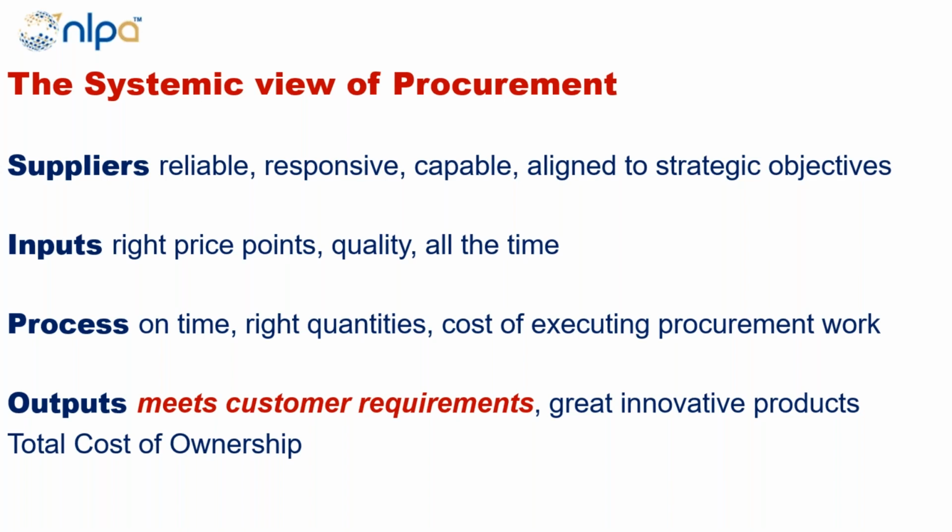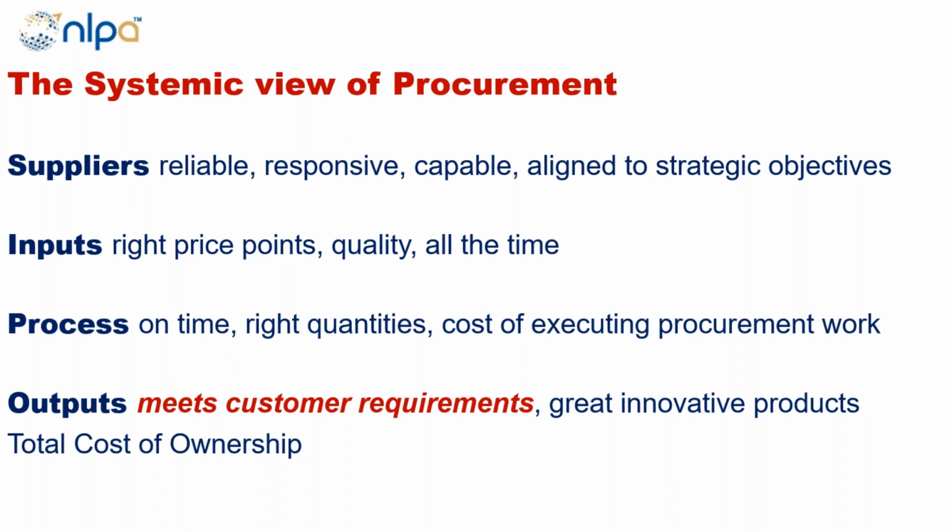Another critical facet of the supply chain is our conversion processes or manufacturing processes, and to ensure that they're capable and robust, and able to transform and convert the raw material inputs into useful products and services that meet our customer requirements.